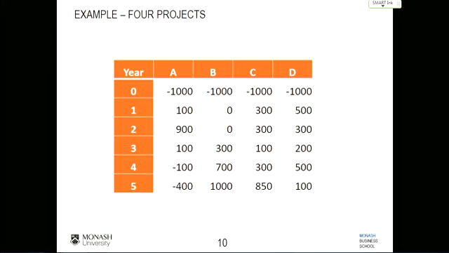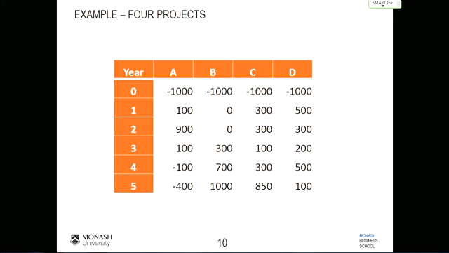Okay, so B, C, and D follow a conventional cash flow. And a conventional cash flow would be a negative or a cash outflow at the beginning and all cash inflows at the end. And if the cash flows do not follow that pattern, it is unconventional.